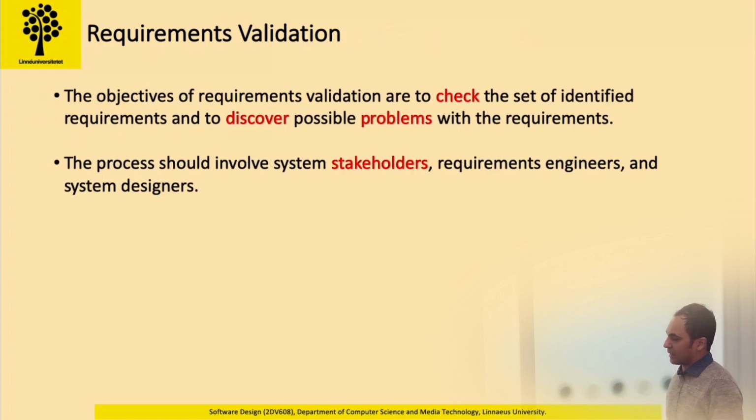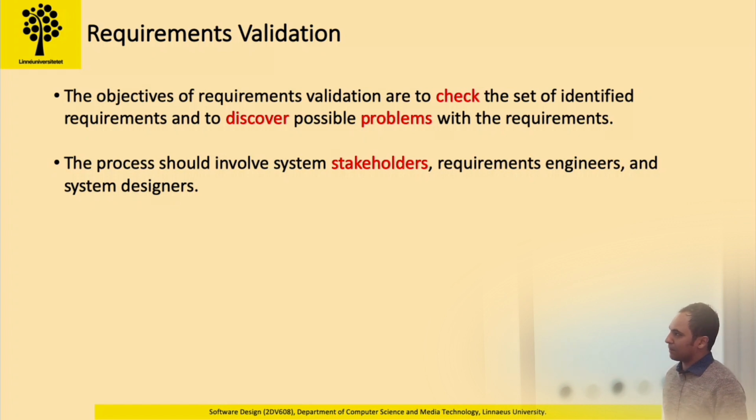So what is requirements validation? Requirements validation is basically, again, finding problems in the requirements, the problems that still exist at the requirements validation phase. Those can be either ignored or omitted from the initial requirements analysis phases.